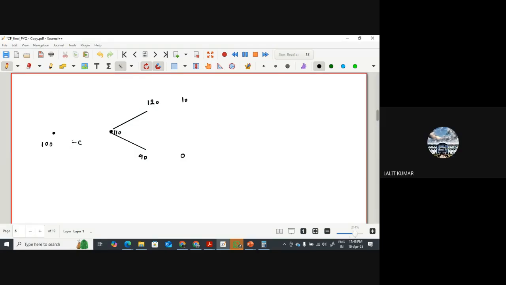Okay. So the first step, this is the scenario which has been given, and we have to find the call premium. This is S0, this is X, and the risk-free rate is given as 10%. Now, first there is to find the hedge ratio.